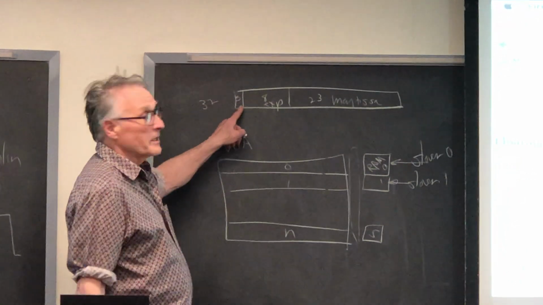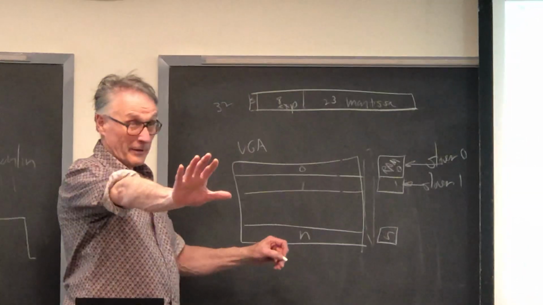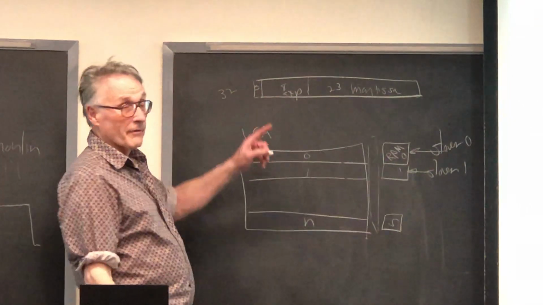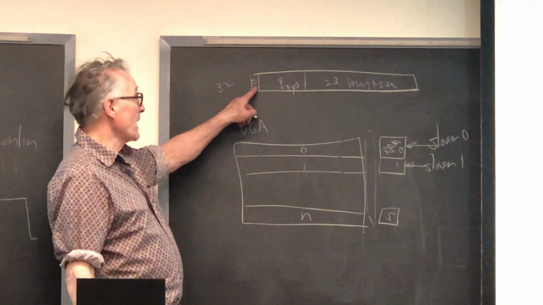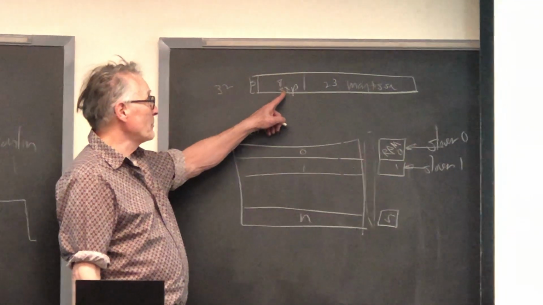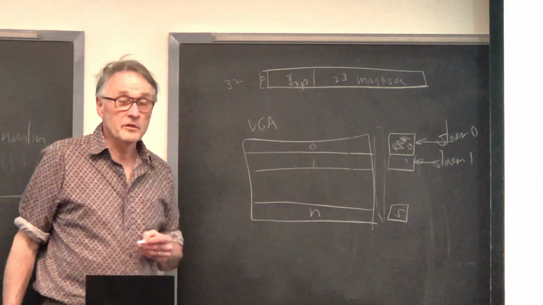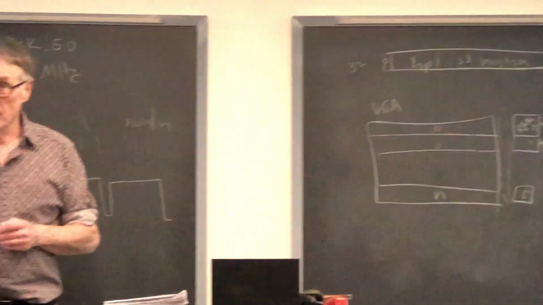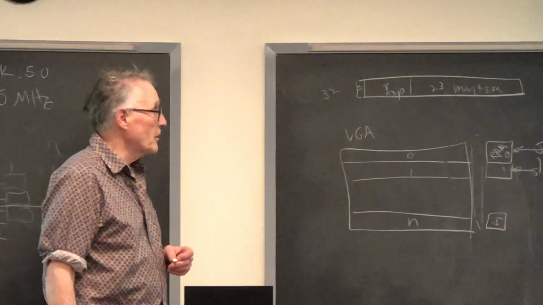This is not 2's complement. This is sign magnitude, unlike everything else you've seen this semester. The sign is 0 for positive, 1 for negative. There's an 8-bit exponent in 128 offset binary. So 2 to the 0 has the value 128.